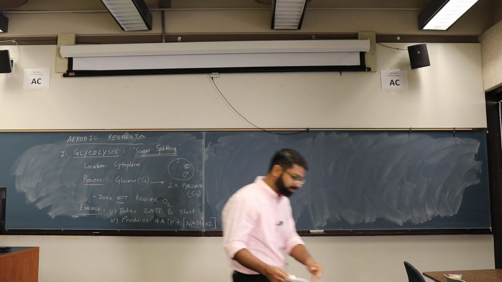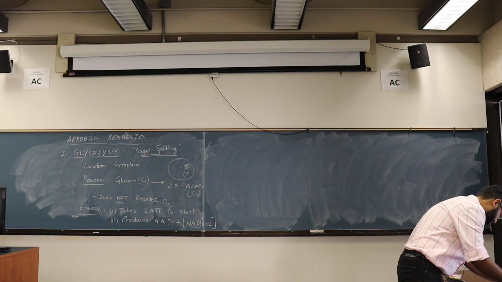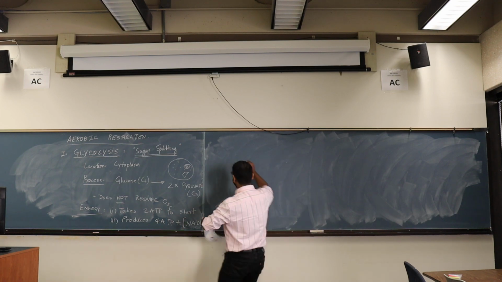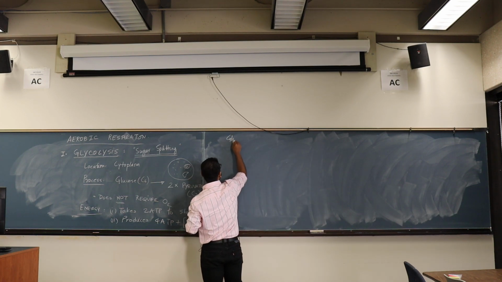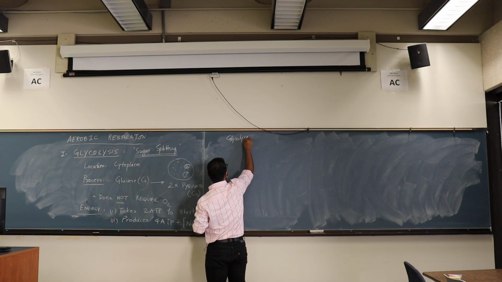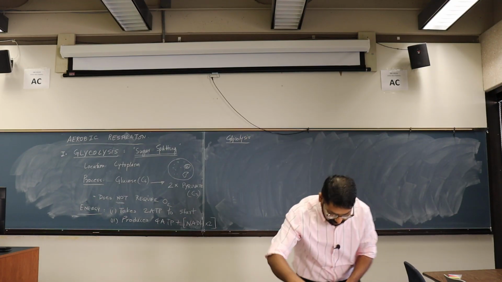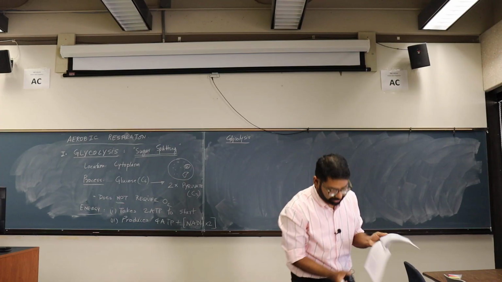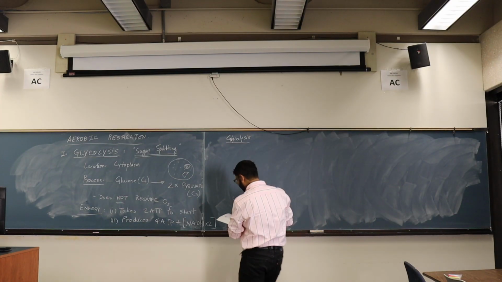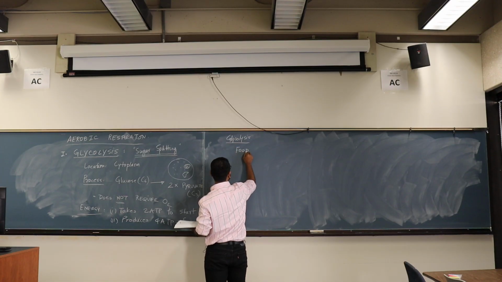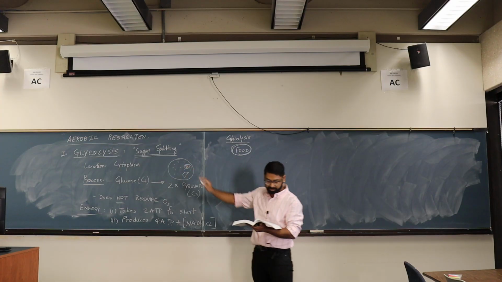Now, let's look into glycolysis in a little bit more detail. I'll first draw a simplistic version of this and then go into the more detailed. In glycolysis, you start with your food. Now this food could be anything, not necessarily just sugar, right?